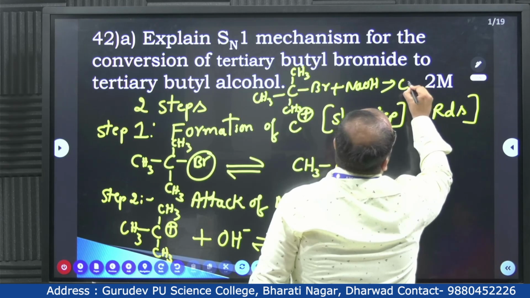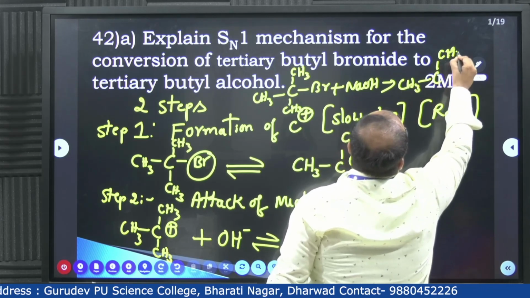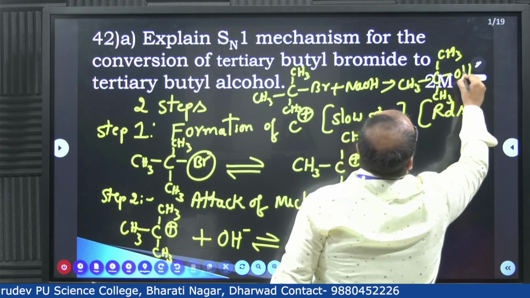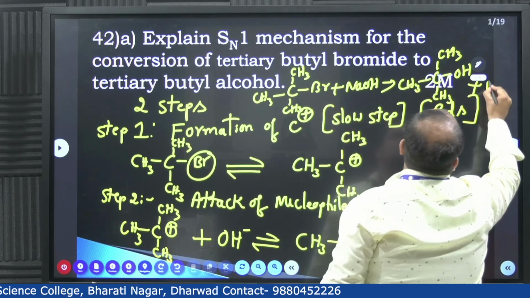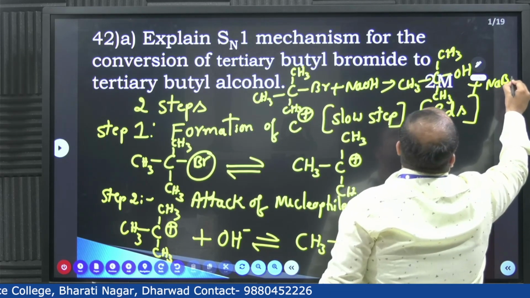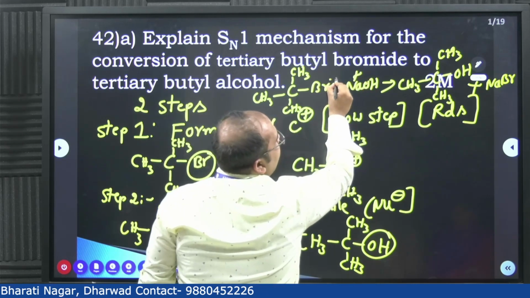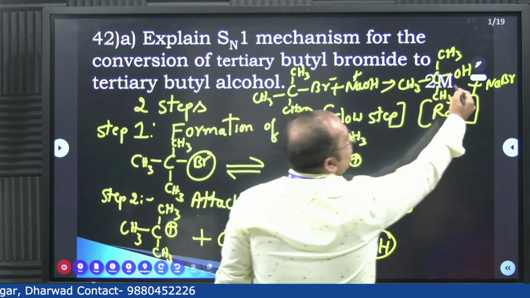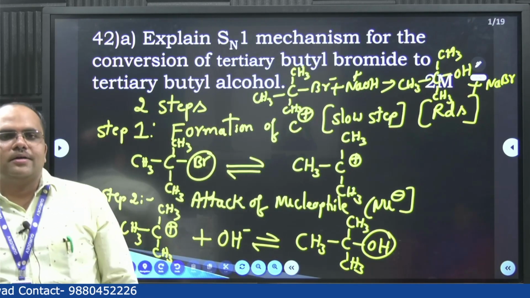Here we get the same product, that is the alcohol, and the remaining sodium bromide is released, because Na plus and Br minus act together and the OH will attack the carbon atom.